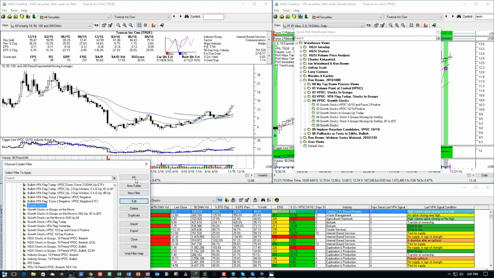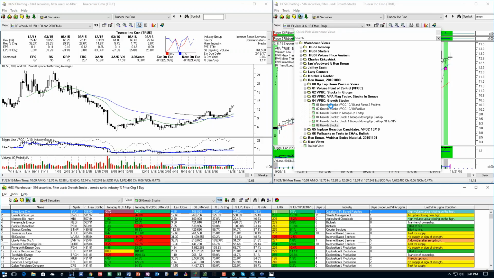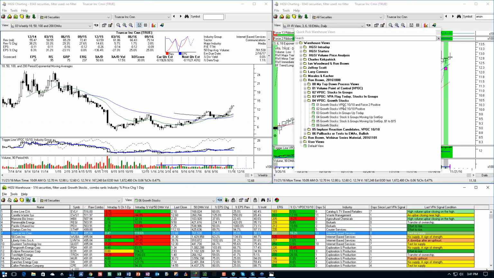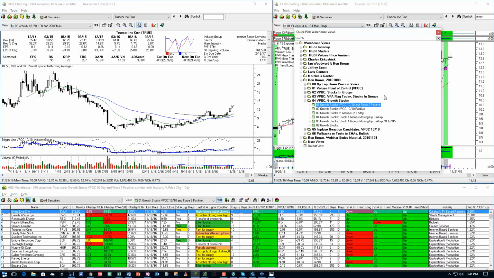Now every other filter that is in here has those requirements, but there are some other requirements also, like the first one requires that the VPOC, or volume point of control, 10-10 be positive, and also a positive force index.